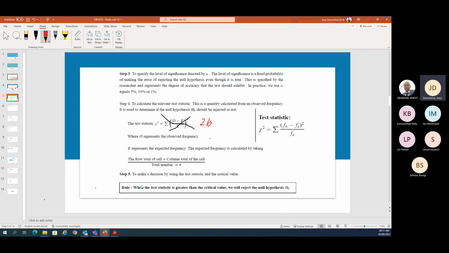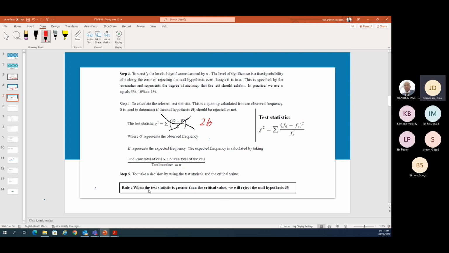And then, like the normal distribution, we are going to make a rule about when we accept and when we reject the null hypothesis.